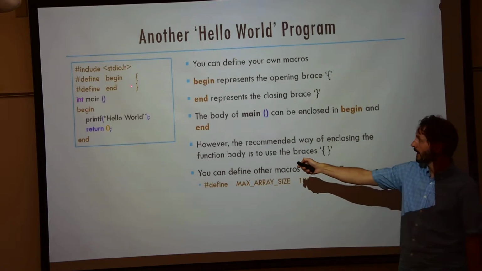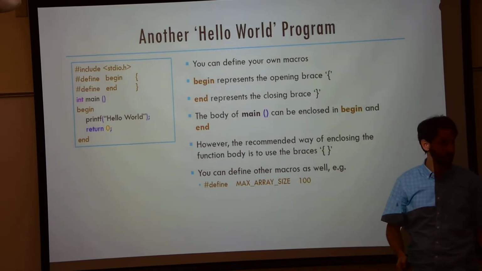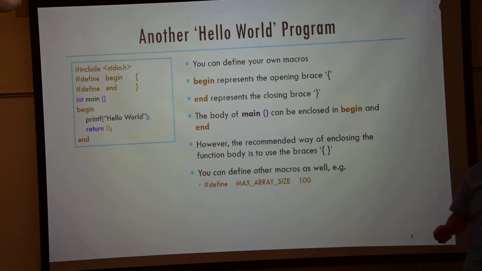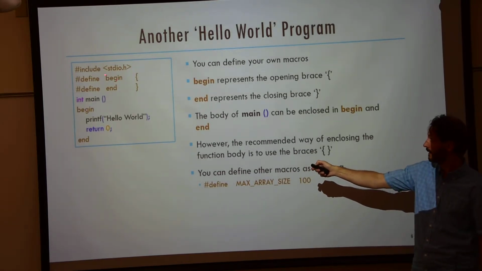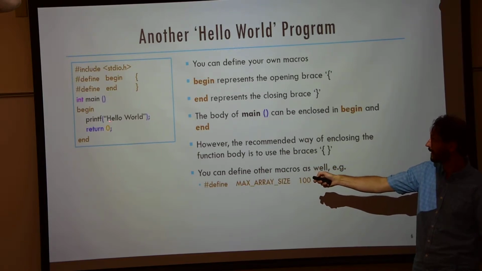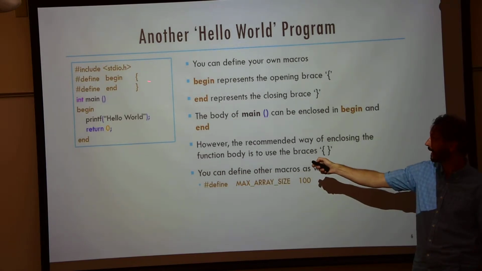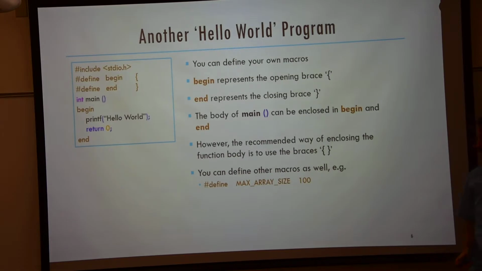So I could create a macro over here that says while something, curly bracket open, do something in the middle, close, and wherever I see this particular string in the rest of the program, the preprocessor will replace that word by what I had put over here. And after that, it's interpreted as a program.